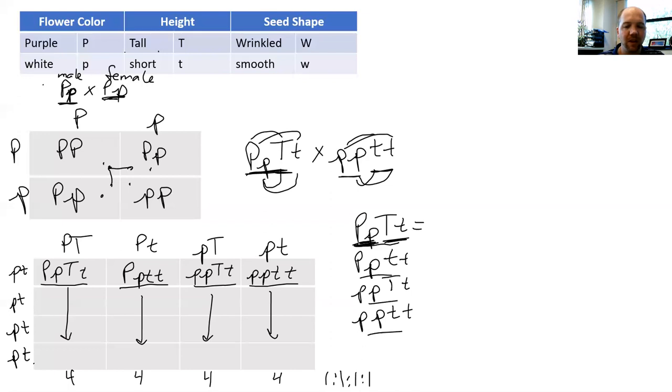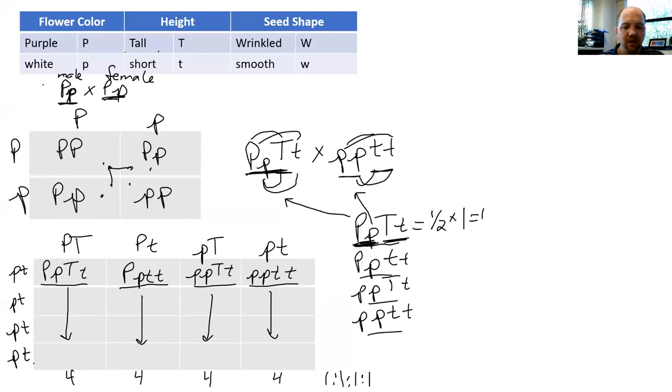So what we do is we say, what's the probability of getting a big P from one parent and a small p from this other parent? The probability of getting a big P from the parent over here is going to be 1/2. And we multiply that by the probability of getting small p from this other parent, and that's going to be 1.